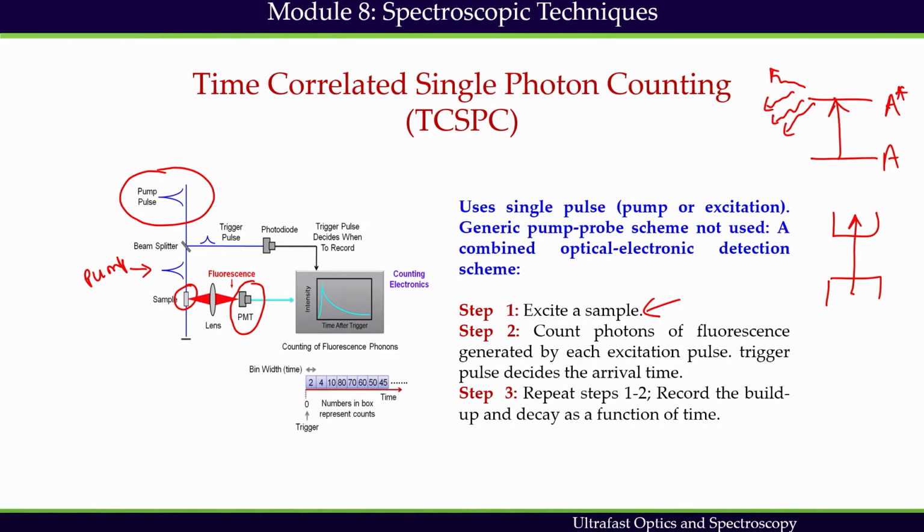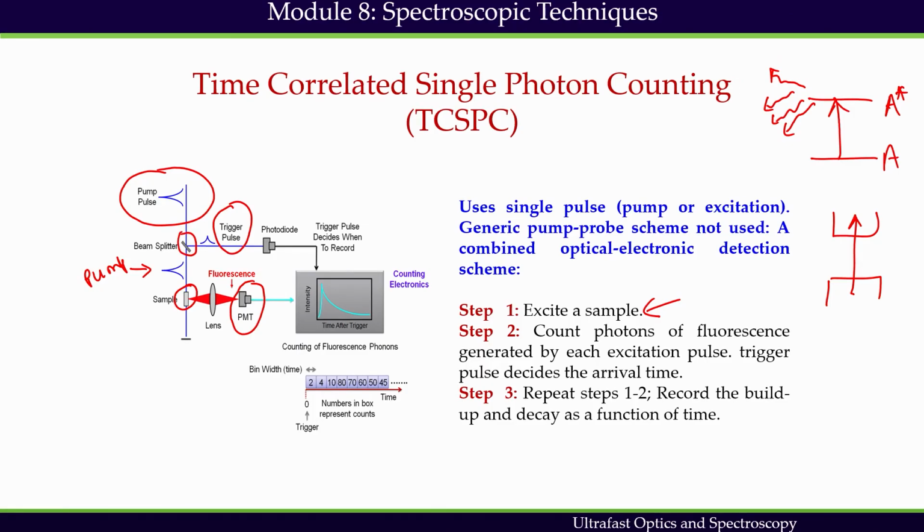Start this counting at a certain time interval, relative to the time of arrival of the excitation pulse at the sample. It is called the trigger pulse, which can be obtained by splitting the beam.